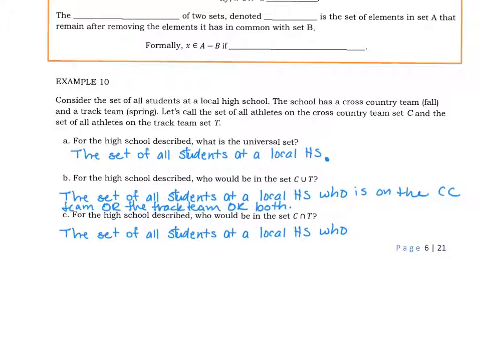So that would be all students at a local high school who are on the cross-country team. And our operative word for the intersection will be and the track team. To be continued on the next page.